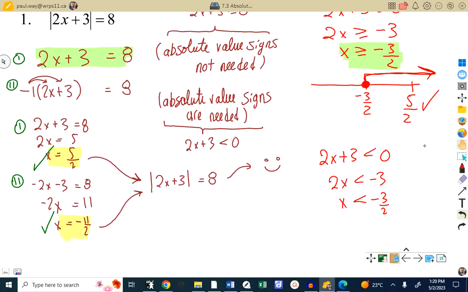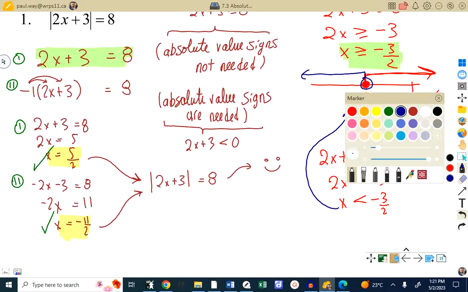For this one, I'm going to use a different color. For this one, it's that, right? It's the rest of it. If the first equation is for when x is bigger than or equal to negative 3 halves, then the other one is everywhere else. Now look at this x value of negative 11 halves.